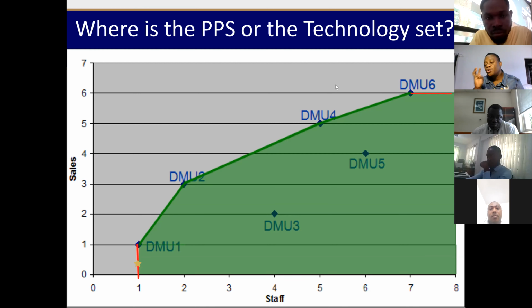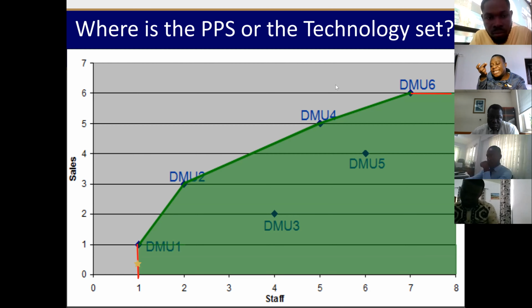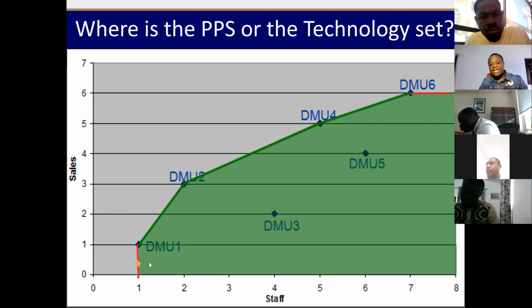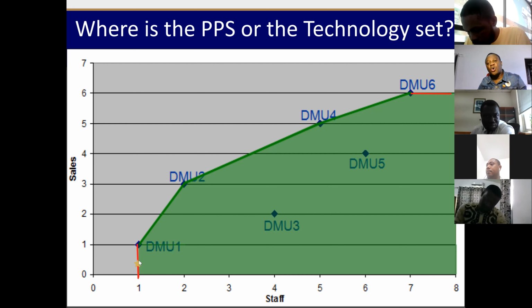And therefore, there are two kinds of efficient DMUs. Listen carefully, because this is critical. There is a technical efficiency definition where the efficiency is said to be weakly efficient, and there is one that is known as strongly efficient. What is the difference?